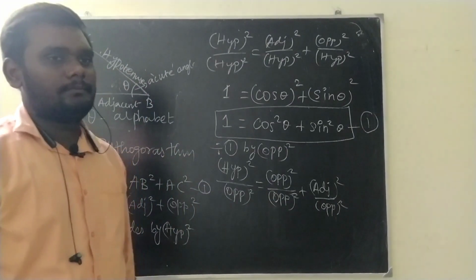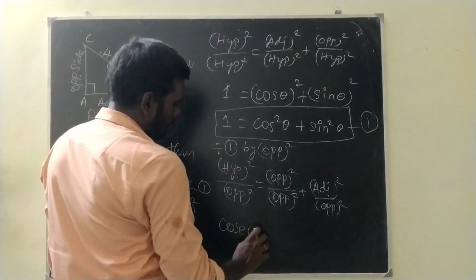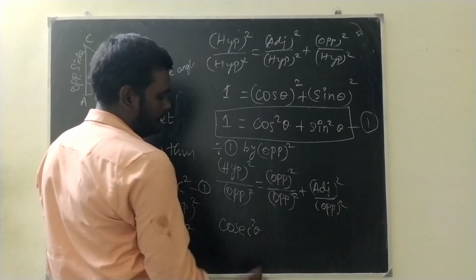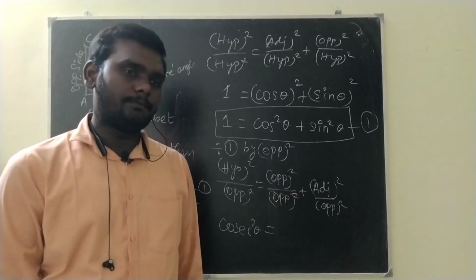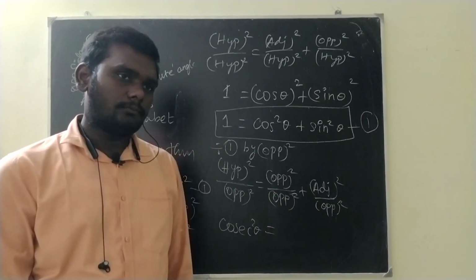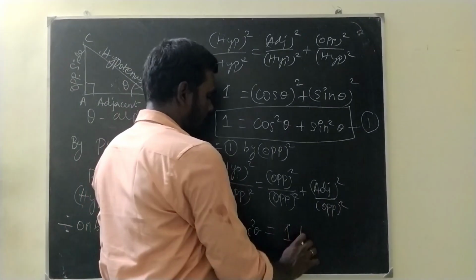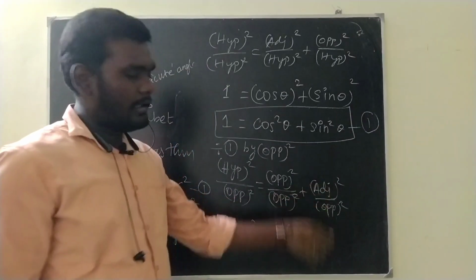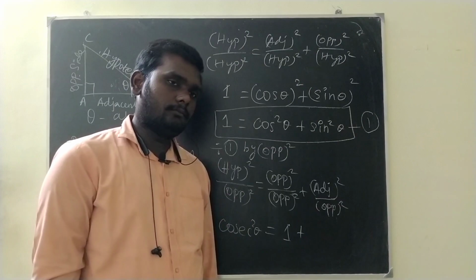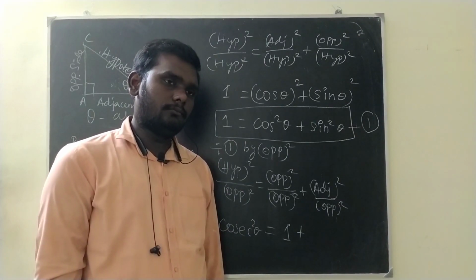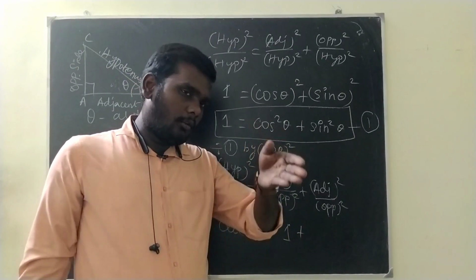What is hypotenuse by opposite ratio? Cosecant. Okay. So cosecant square theta equals opposite square by opposite square, it is 1, plus adjacent by opposite, it is, look at your notebook and answer.